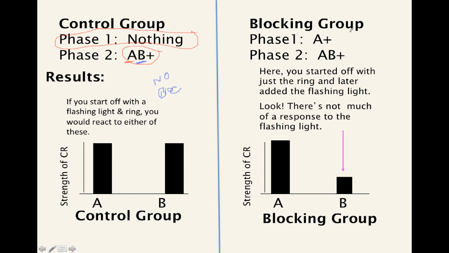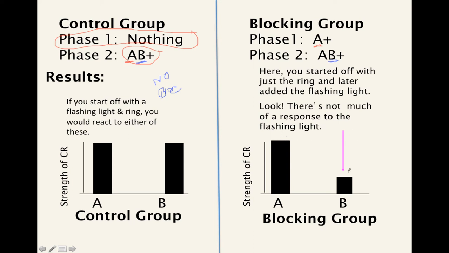In the blocking group, we can see that because there's initially history where the phone rings by itself, only later do they add the light flashing. Now, if you compare the amount of conditioning, the employees are going to answer the phone, definitely when they hear the ring.